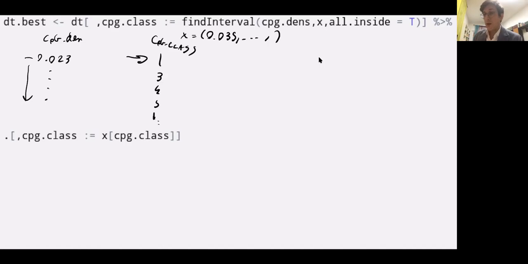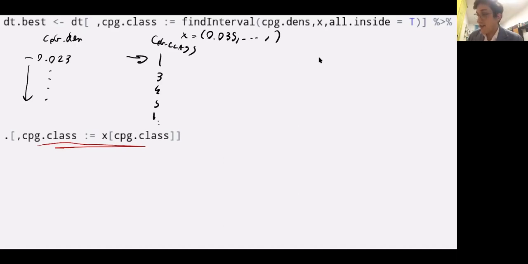Be careful. That's why we need to add a new command, because if you look at the data table in this way, you will see some numbers here, but of course you would like this to be the bin value of the CpG density. That's why we add this, and it is very important, never forget it. Now CpG class, I define it again as X of CpG class.